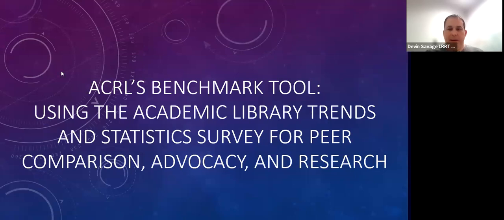So we're going to talk about ACRL's benchmark tool and how it may be used for peer comparison, advocacy, and research, of course. The theme for LRT is all about collaborative research, and this is one of the biggest collaborative projects that academic libraries have ever done, and not just because the invitation goes out to every academic library and over half of them respond.